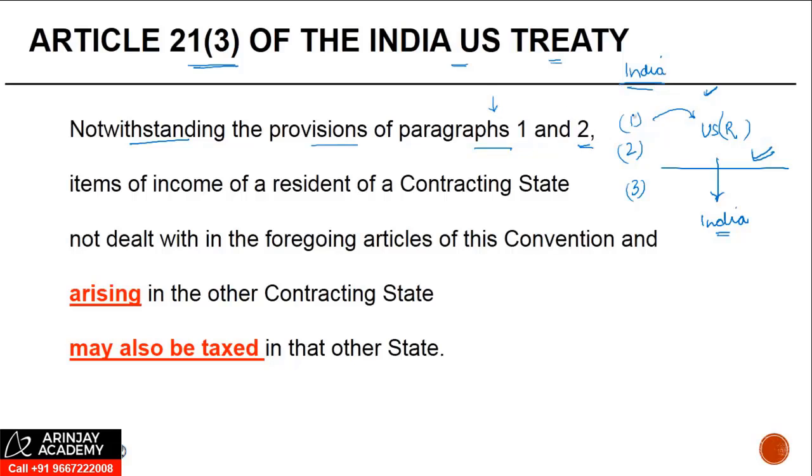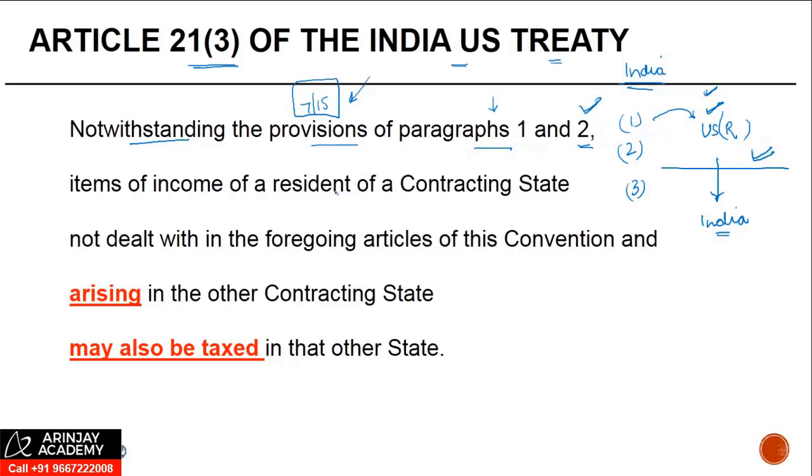Paragraph 1 said the income is exclusively taxable in US, and paragraph 2 said that Article 7 or 15 may apply in case where the income is attributable to the PE of the non-resident and may be taxable in India as well.